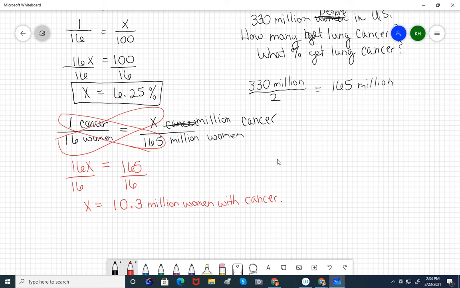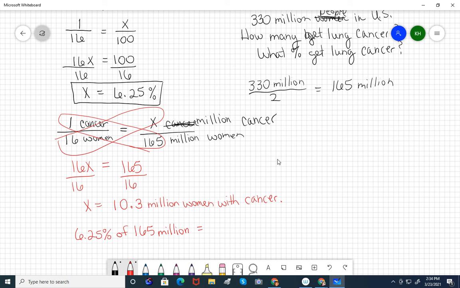Notice we could have done it the other way. We could have said, what is 6.25% of 165 million? We think that 1 out of 16 is 6.25%.